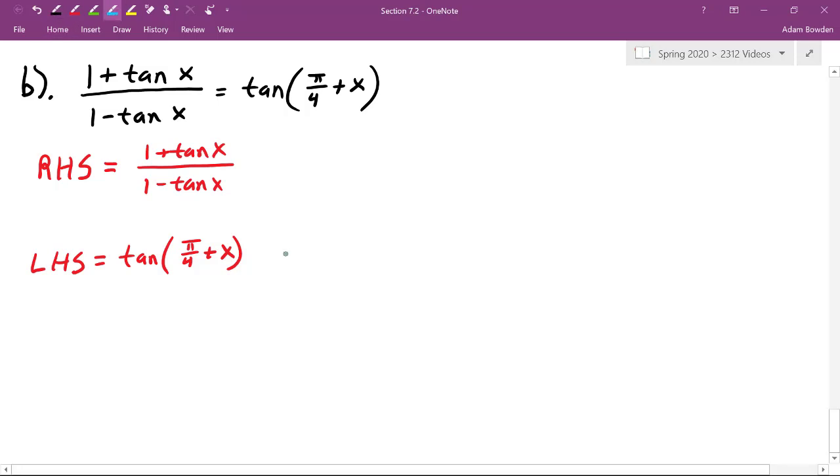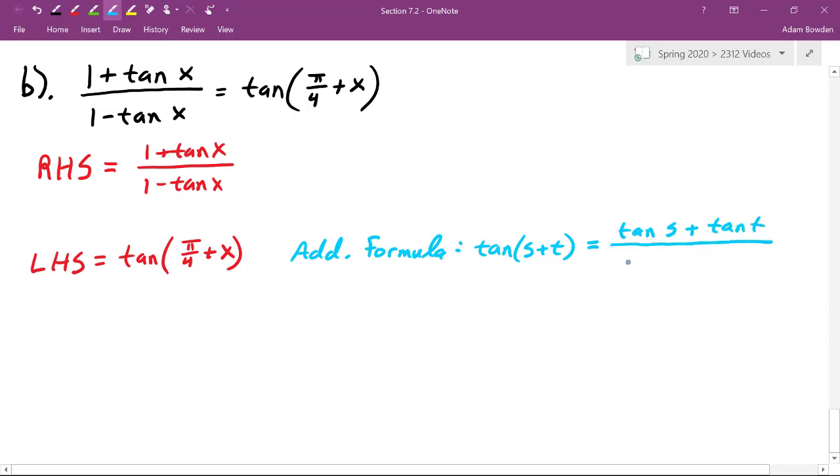Indeed we can, because this tangent of pi over 4 plus x can be worked with the addition formula. The addition formula for tangent: tangent of s plus t is equal to tan s plus tan t divided by 1 minus tan s tan t. So that's what we're going to use here with s and t.